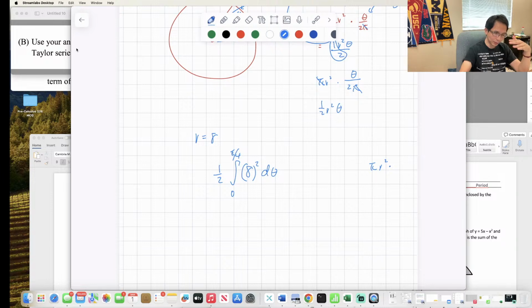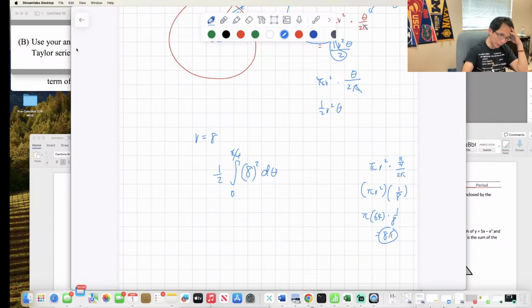So theta is going to be pi over 4 over 2 pi. The pi cancels out. It's supposed to be 1/8 of the circle, right? So that's the same thing as 1/8 of the circle. So if you have pi, this is 64 times 1/8. So this one's 8 pi, right?